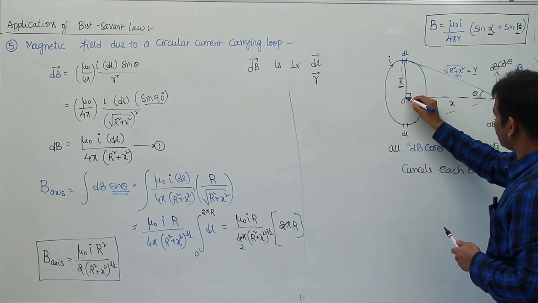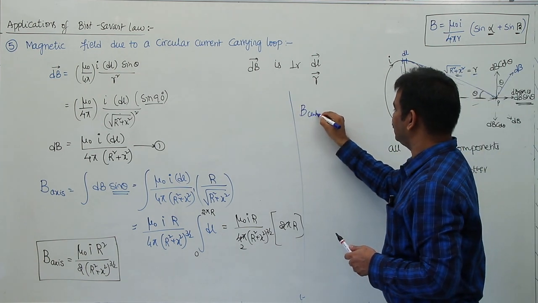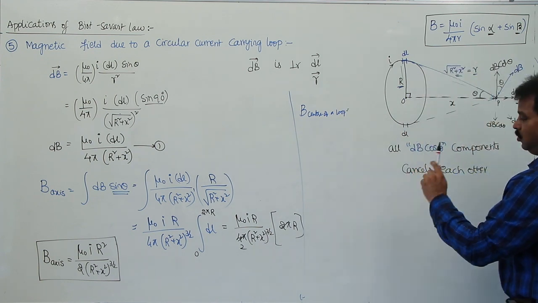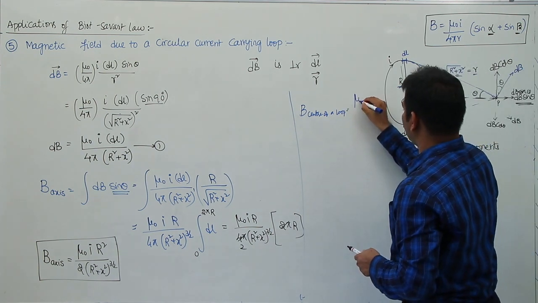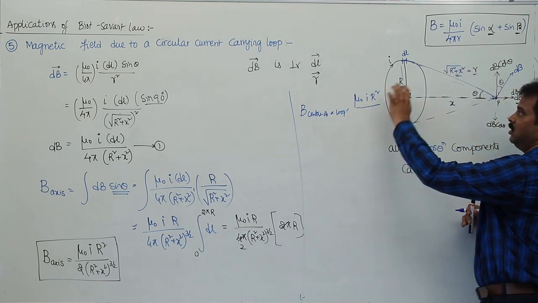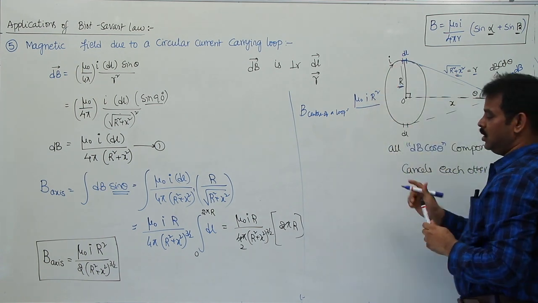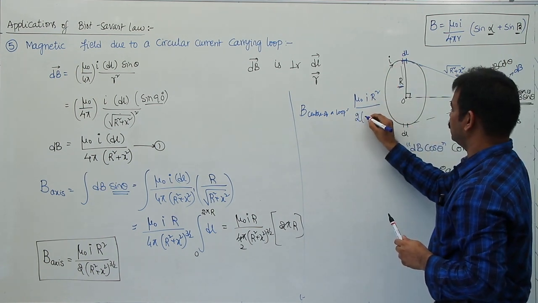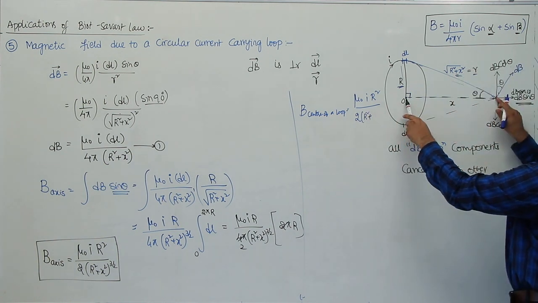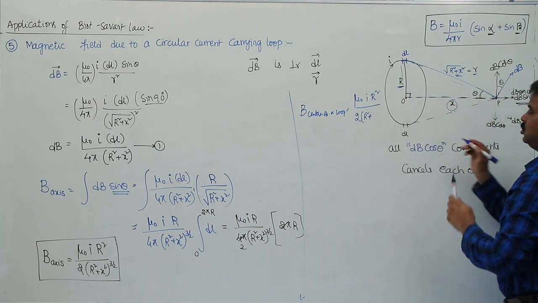If you want to find the magnetic field at the center of a loop, using this formula, mu naught, the current and the radius never change because mu naught is a constant, the current is constant, and the radius of the coil is constant. Now from here to here the distance is x. If you take this point at the center, x will become 0.